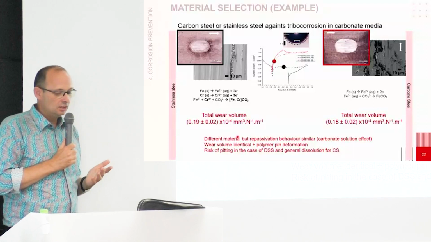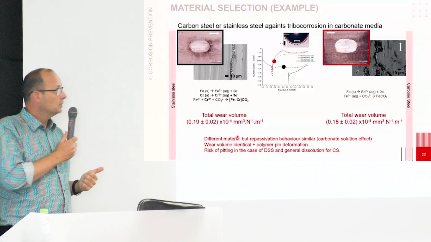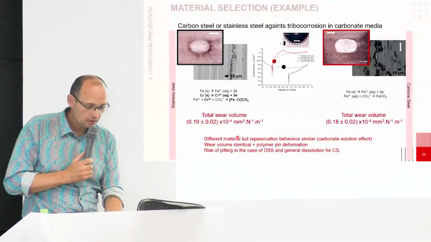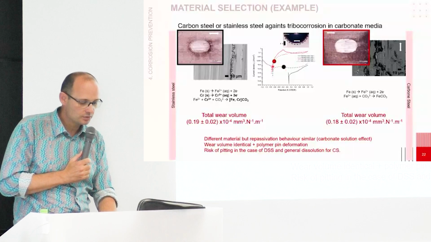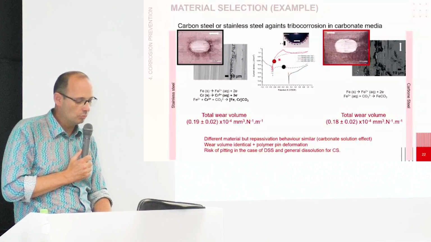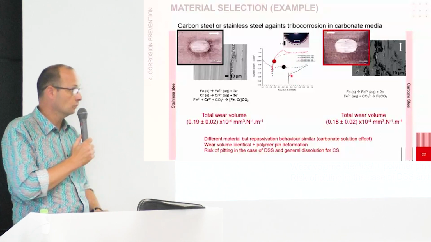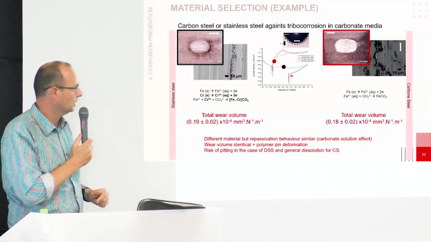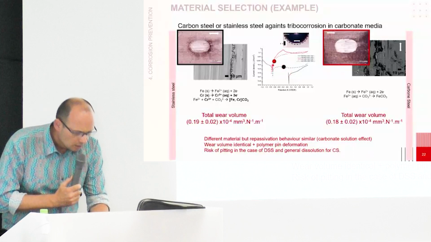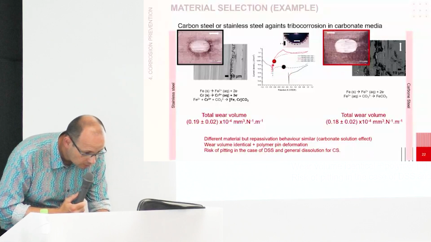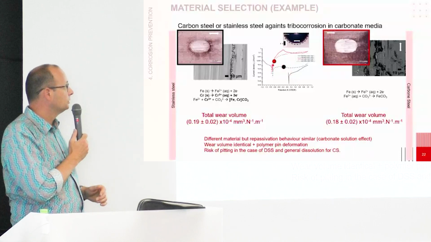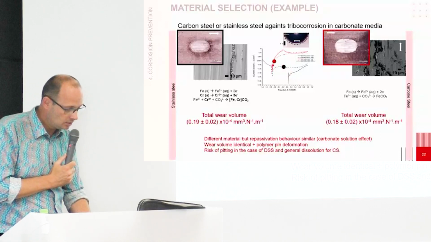So what we are doing now is first we will characterize the materials in the environment. Here you have electrochemical curves that have been plotted in the two environments. First you see that there is a strong difference. Okay, perfect. In red, this is the carbon steel.